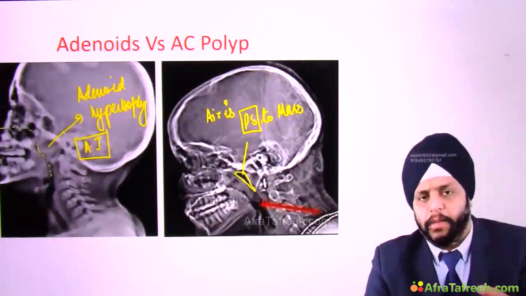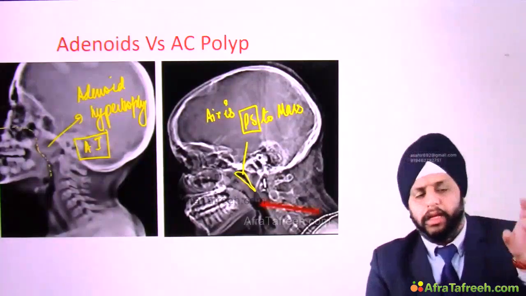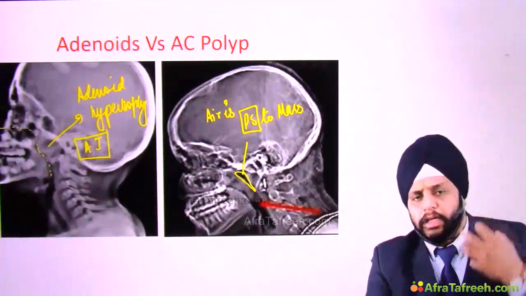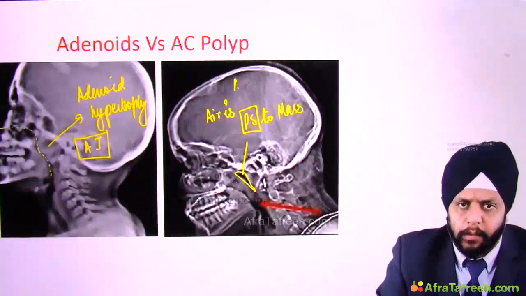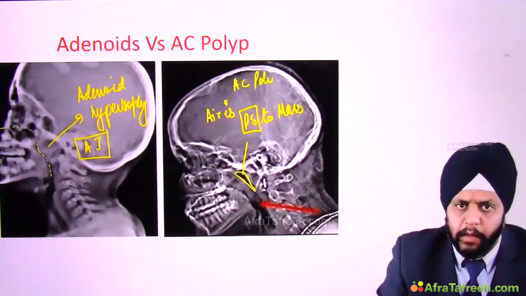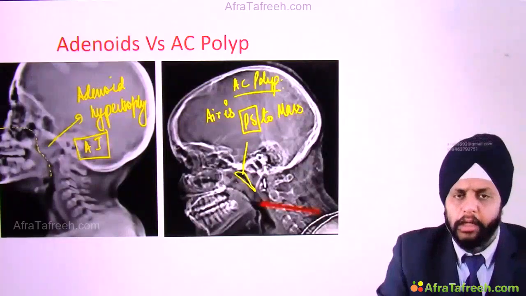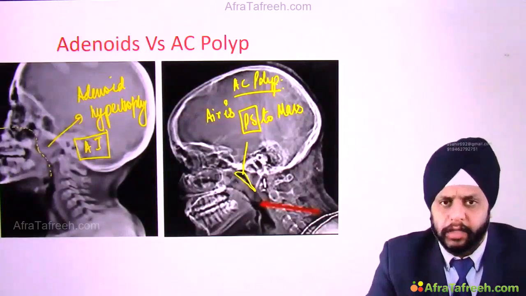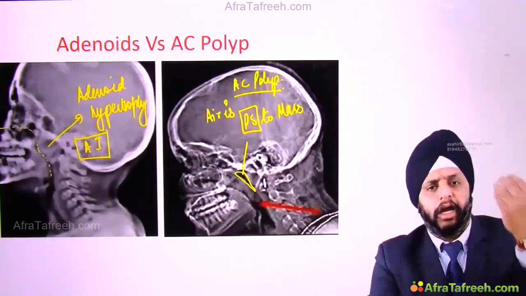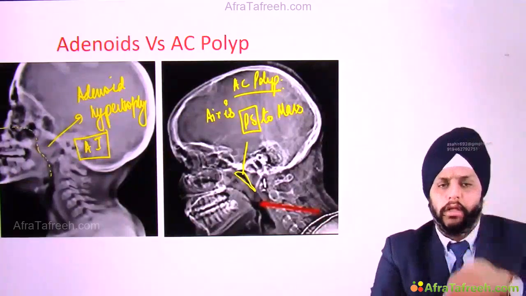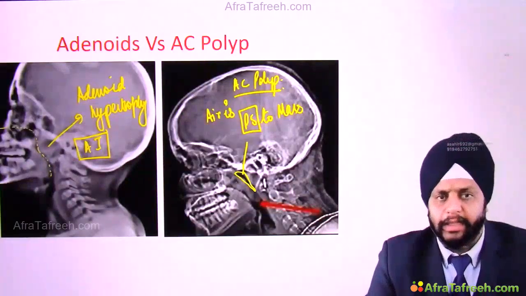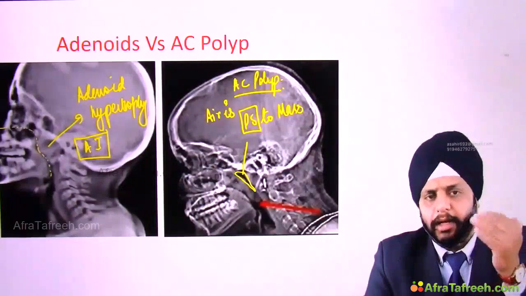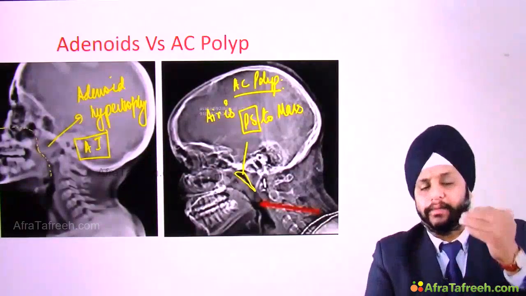So what is this mass? This mass, coming from the nasal cavity and hanging in the nasopharynx and oropharynx, is your AC polyp, the antrochoanal polyp, which we talked about in the nose topic. So that's the antrochoanal polyp; it grows backwards towards the posterior choana. It may go into the nasopharynx, sometimes hang in the oropharynx, and it has air above the mass.